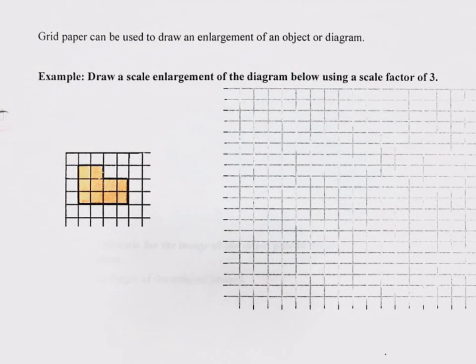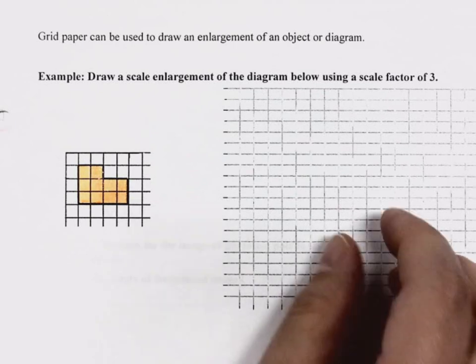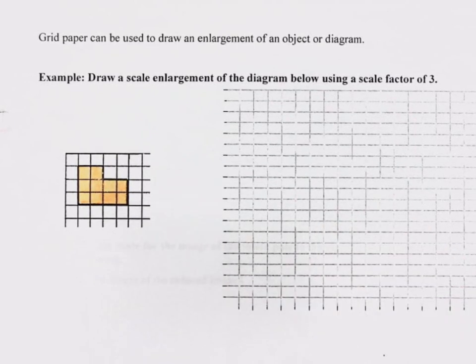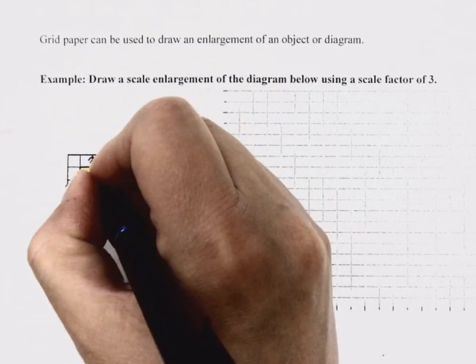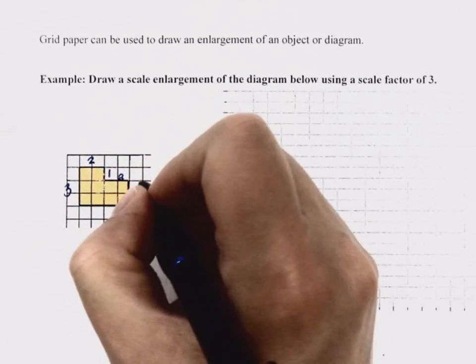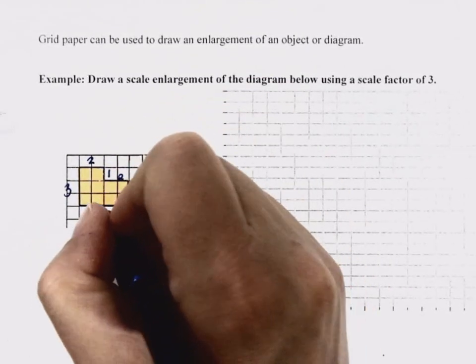All right, so we want to draw an enlargement of the shape using graph paper by a scale factor of 3. So that means each side, if this was 3, this is 2, this is 1, that's 2, and that's 4.